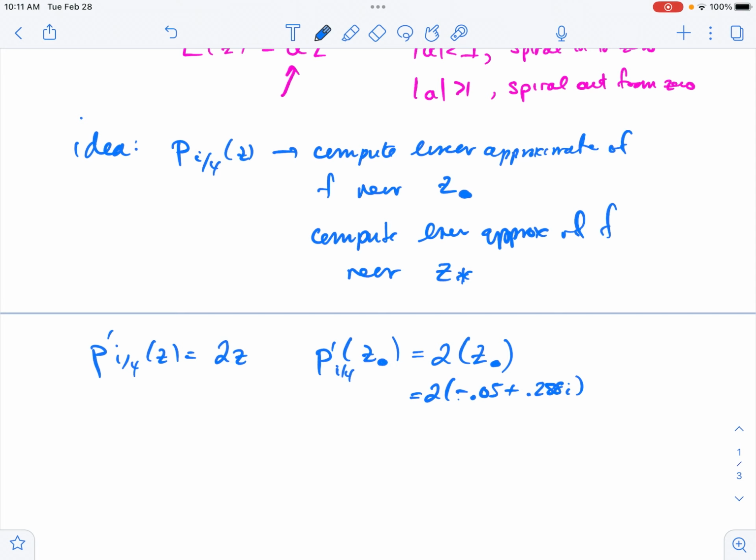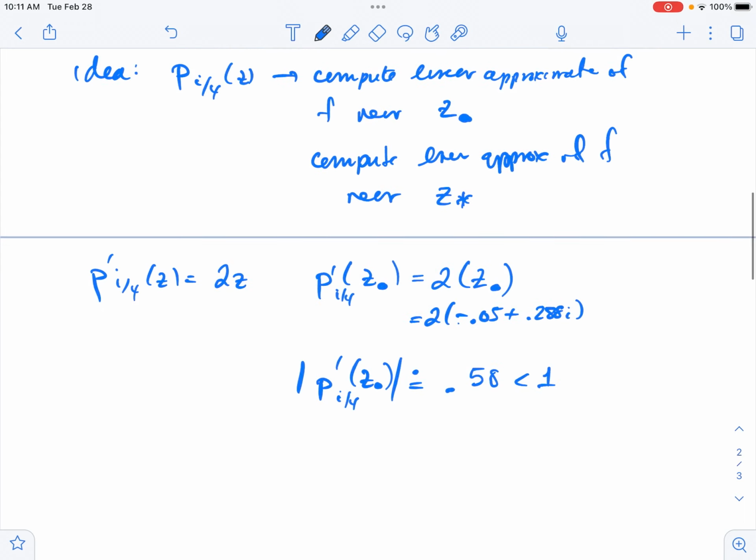And so the modulus, or absolute value, of p prime of z dot at i over 4 is easy enough to compute, this is about 0.58. So this is an about equals, and that's less than 1.